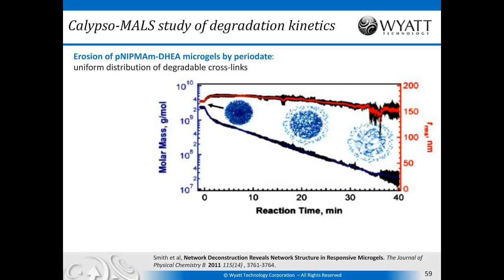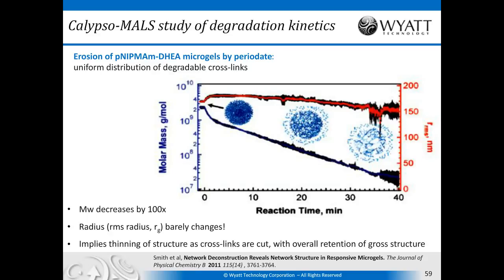But if you look at the size, which is the red over here, you see that initially it actually increases a little bit, and then very, very gradually decreases. So from about 165 nanometer radius to about 150. A very small change, even though we have 2 orders of magnitude decrease in molecular weight.